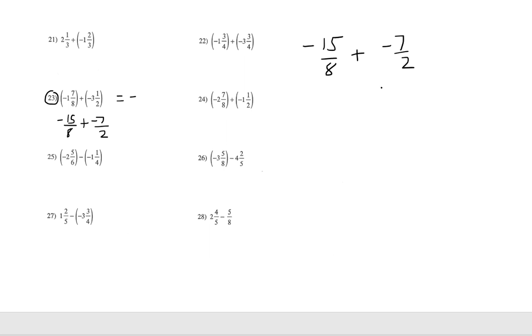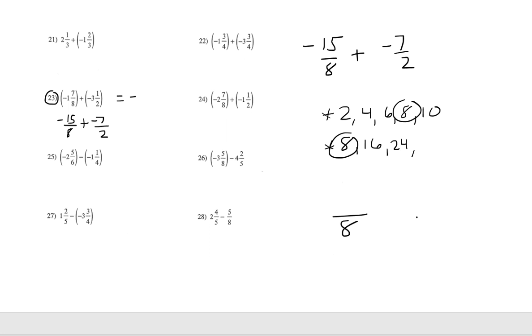And in order to combine these two fractions, we have to find a common denominator. So when you look at the multiples of 2 and 8, the least common multiple between them is 8. So our new denominators are going to be 8. This one's already an 8, and the way that we get to 8 is just by multiplying by 1. So negative 15 times 1 is just negative 15.